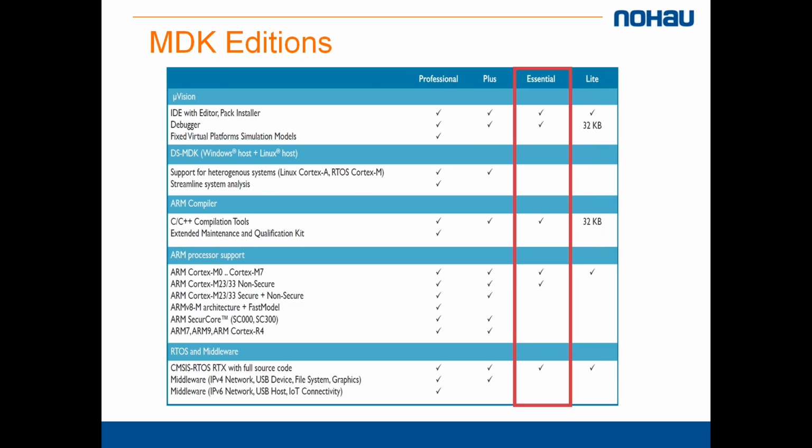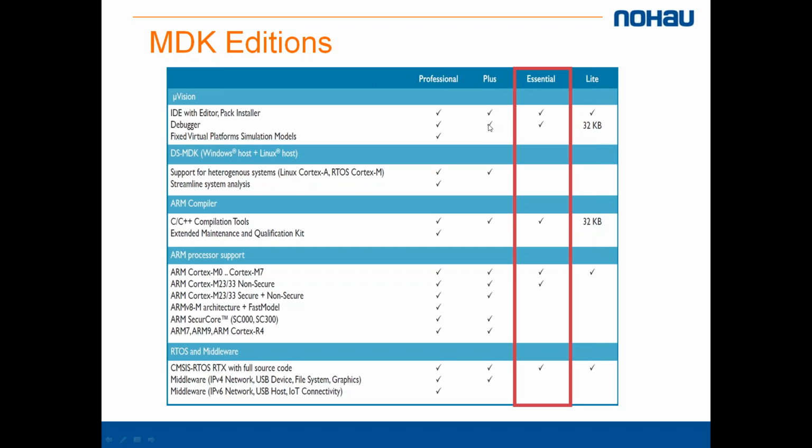You don't have to do anything to change this. It has support for the ARMv7 cores, but also for the non-secure part of the M23 and M33. These are the new Cortex cores from ARM, which include TrustZone for Cortex-M.